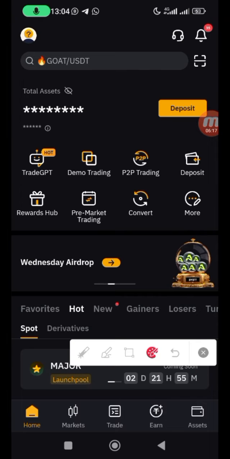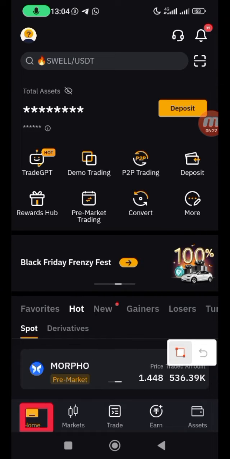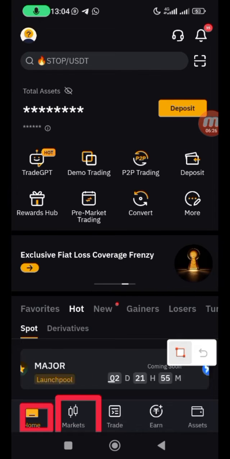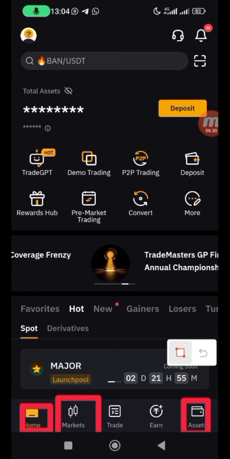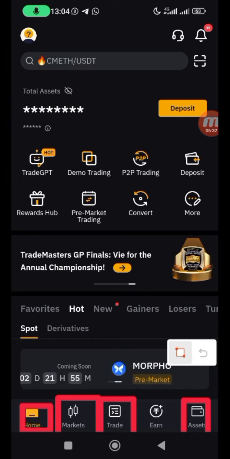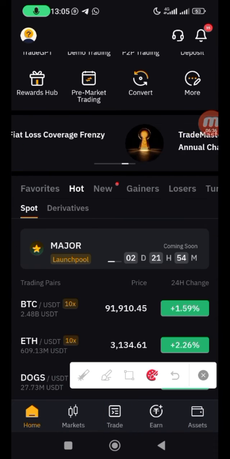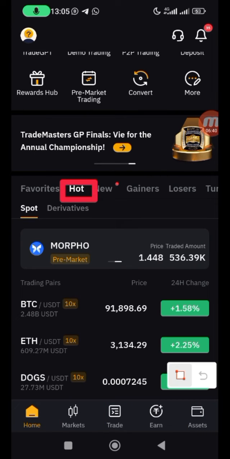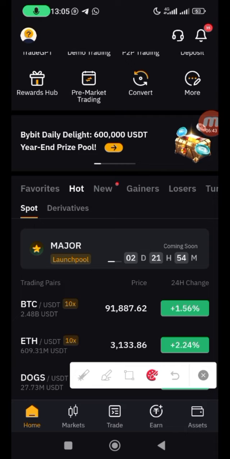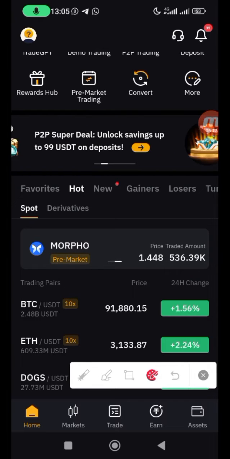Focus on the home page. If you look down here, focus on home. Can you see what I'm showing you? Assets, these things down here. Up here we have the hot coins. Hot means coins that are very hot in the market.